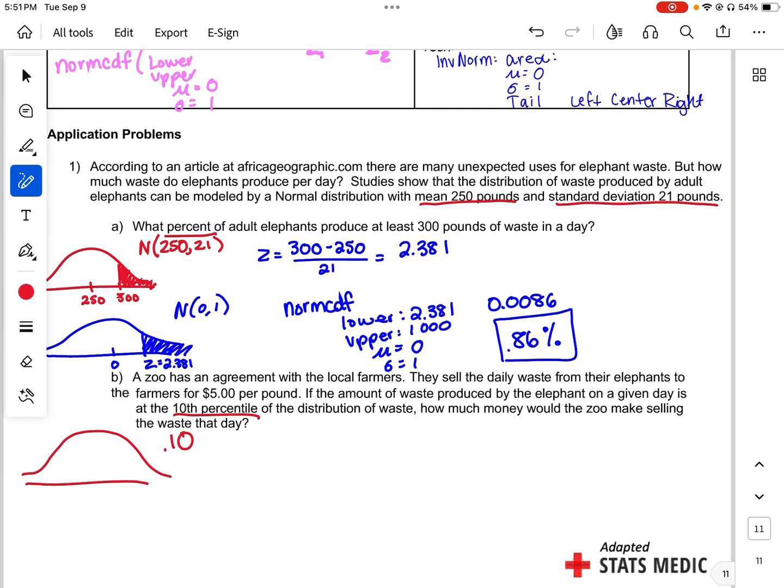There we go. Okay, so it's 250, 21. And then we got to remember what percentile means. It means at that percent or less. So we shade to the left. So this area is 0.10. So we don't know the z, we don't know the value, but we do know that this is 250. So we know it's below, so our z is going to be negative.